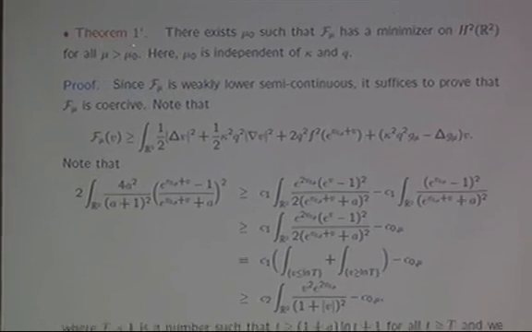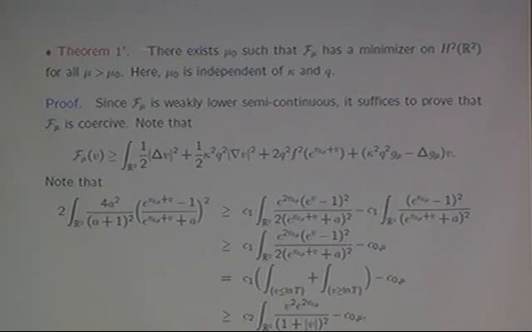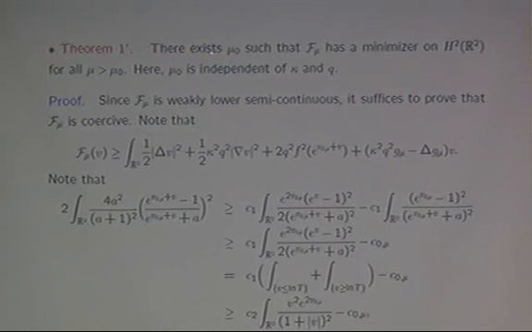So the existence theorem is as follows. There is a constant mu0 such that the functional has a minimizer in H2 for a large mu, and mu0 is independent of kappa and q.